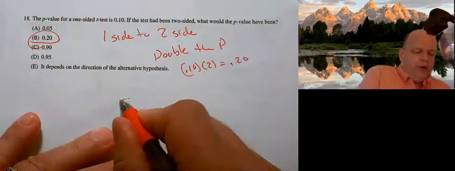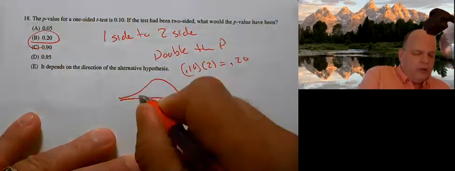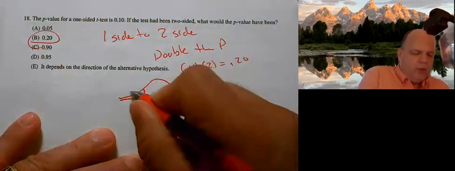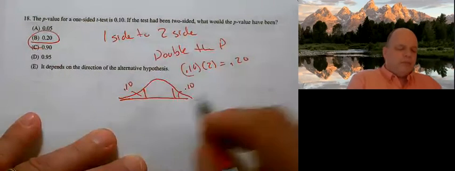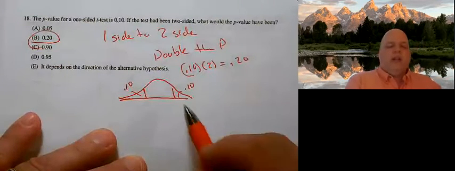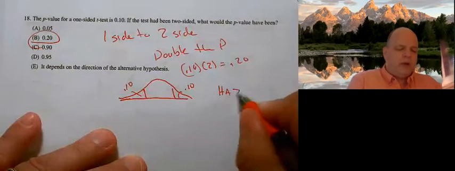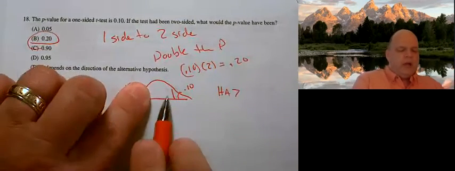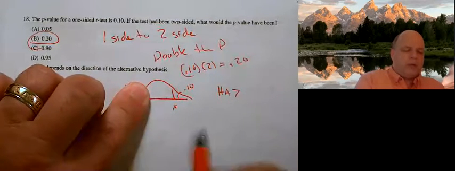On the other hand, going from two-sided to one-sided isn't as easy. Because if we had a two-sided, let's just say we had the 20%, that means I have 0.10 in this tail and 0.10 in this tail. If my alternative hypothesis, HA, had been a greater than, okay, greater than this value, well, then it's 0.10, no problem, it's half.